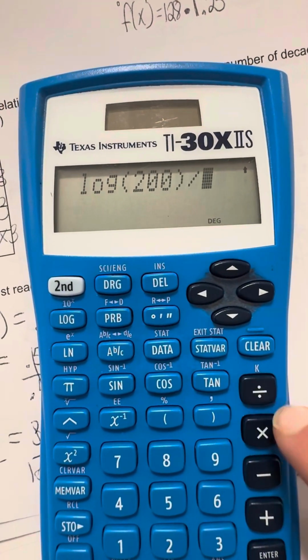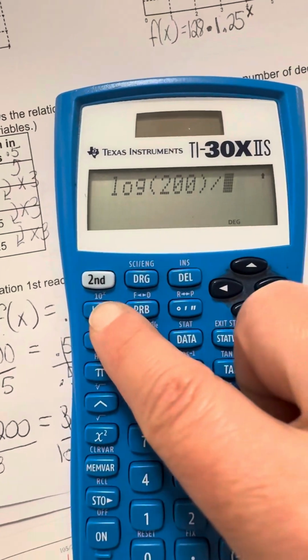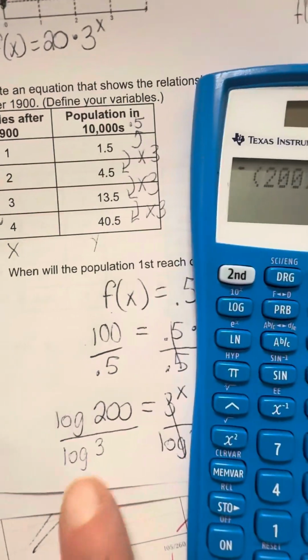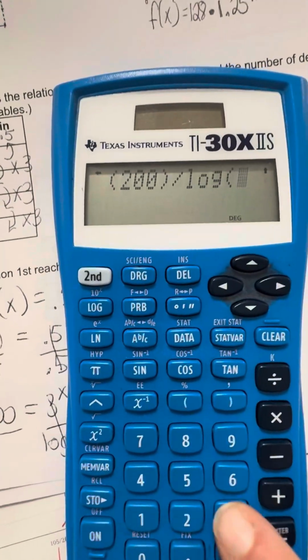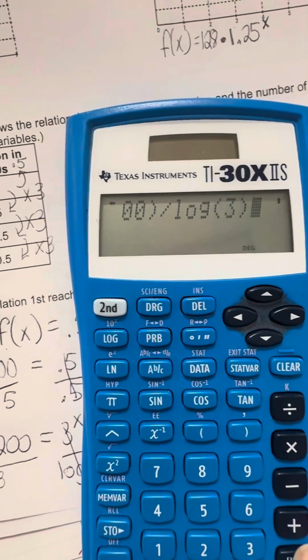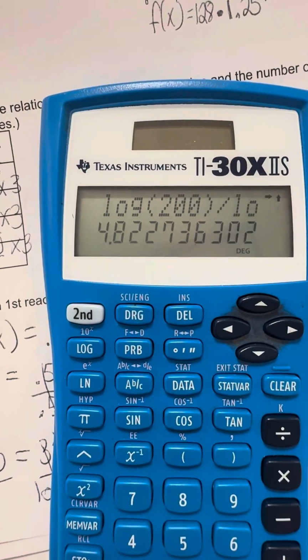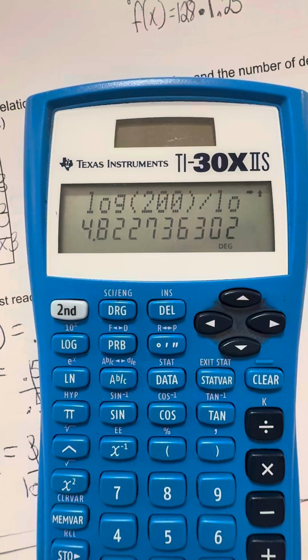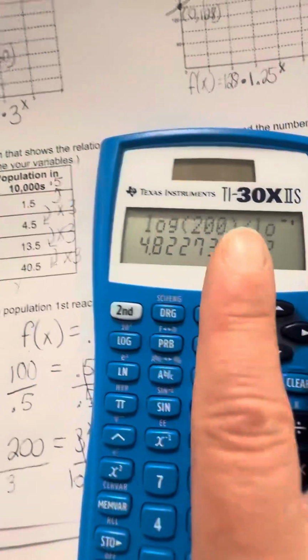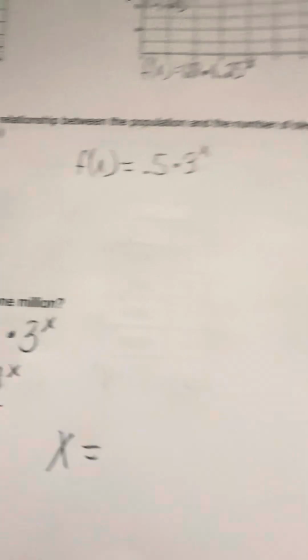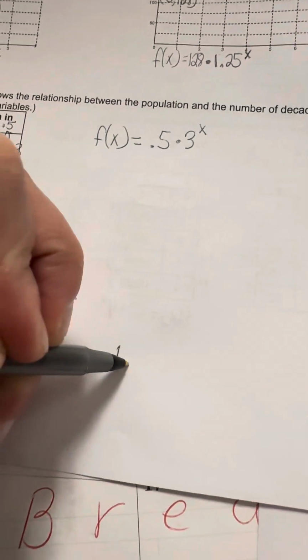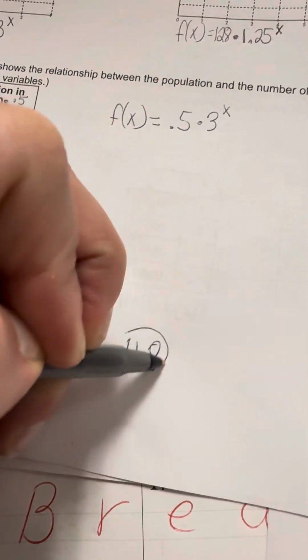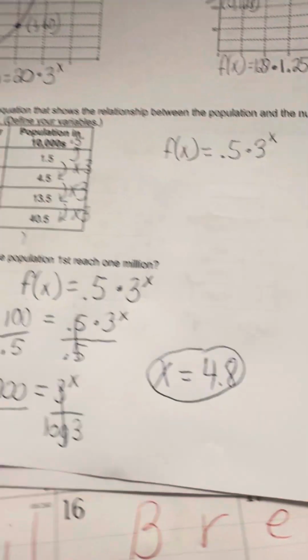Then divided by, and then log again. This time we put 3 in here, close that parentheses, and hit enter. We get an answer of approximately 4.8, so it's somewhere between 4 and 5. 4.8 would be acceptable for an answer.